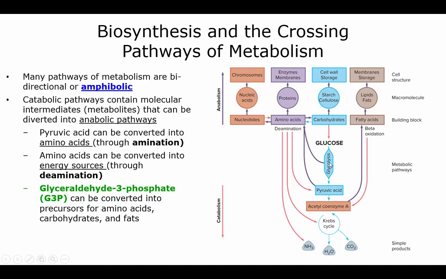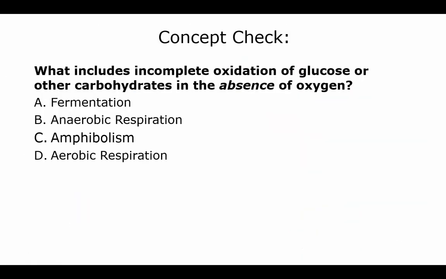Bacteria don't necessarily have to hunt for proteins and nucleic acids and carbohydrates and fats. If they find a carb, a sugar, and they break it down, that one molecule can then be used to make all the other molecules that that little cell needs. And that's pretty efficient. Okay, that's pretty efficient.